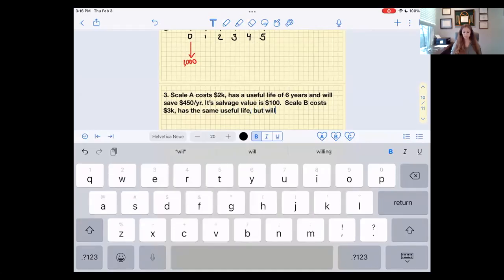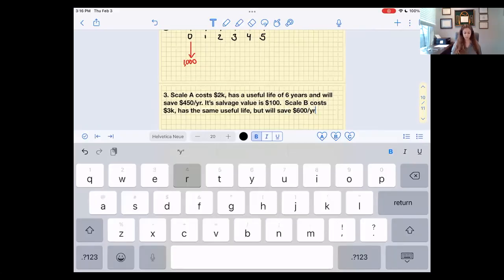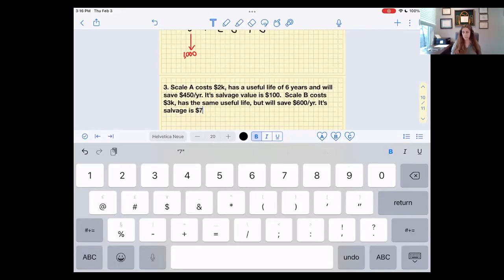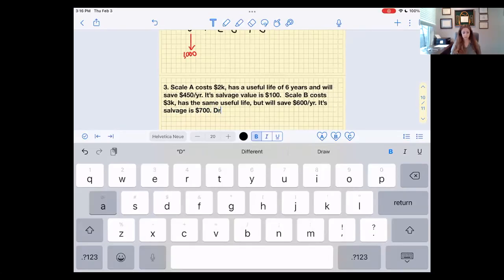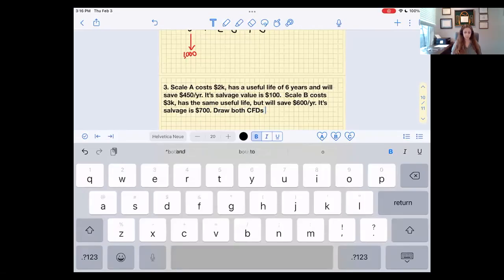But will save $600 per year. Its salvage is $700. Draw both cash flow diagrams.